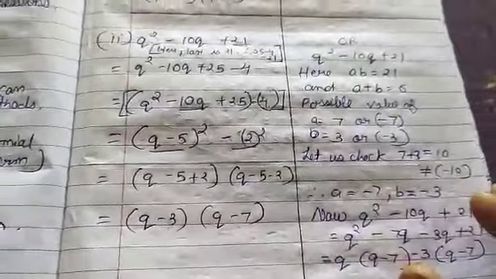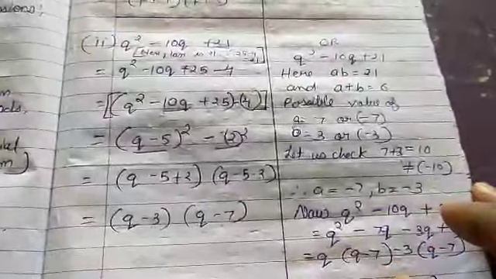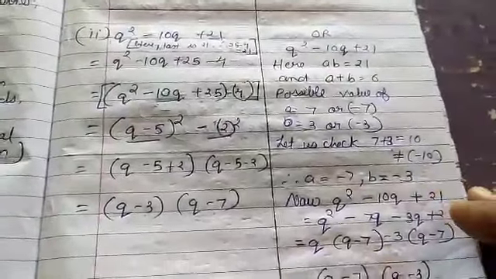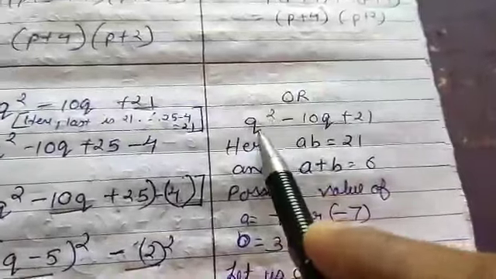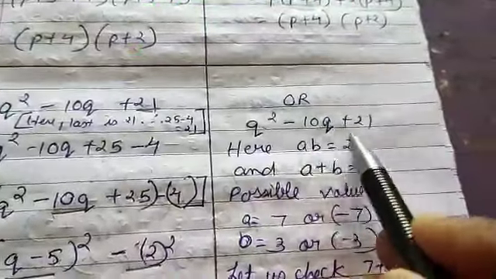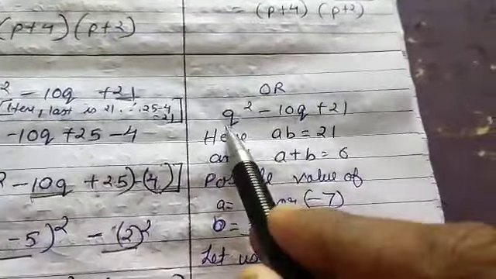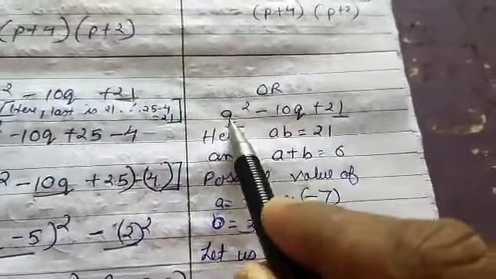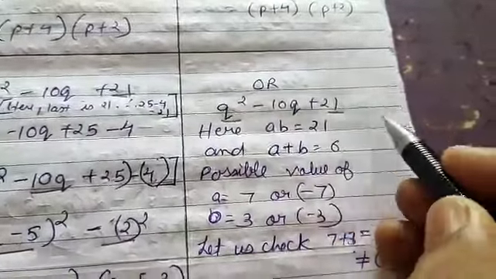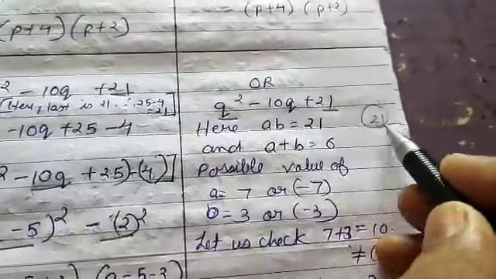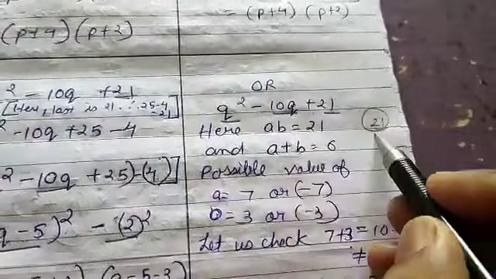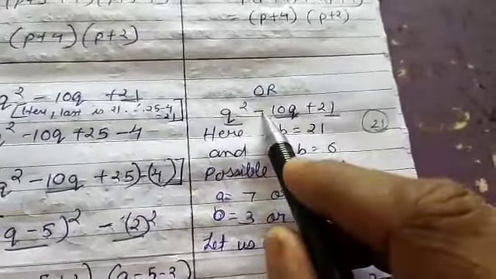Let us see whether with another method, that is splitting the middle term, we will get the same result or not. Now Q square minus 10Q plus 21. So you have to multiply the first term and last term, that is A into B, that is 21 only, and find the factors of 21 to get this 10. 21 means 7 threes are 21, and here negative 10 is there.